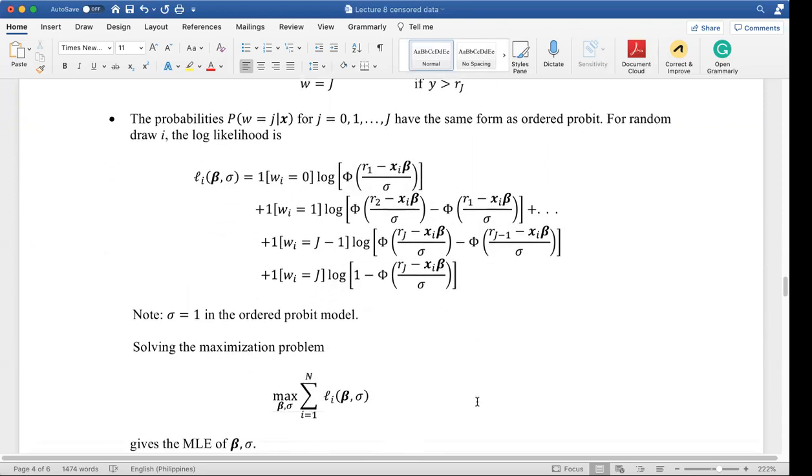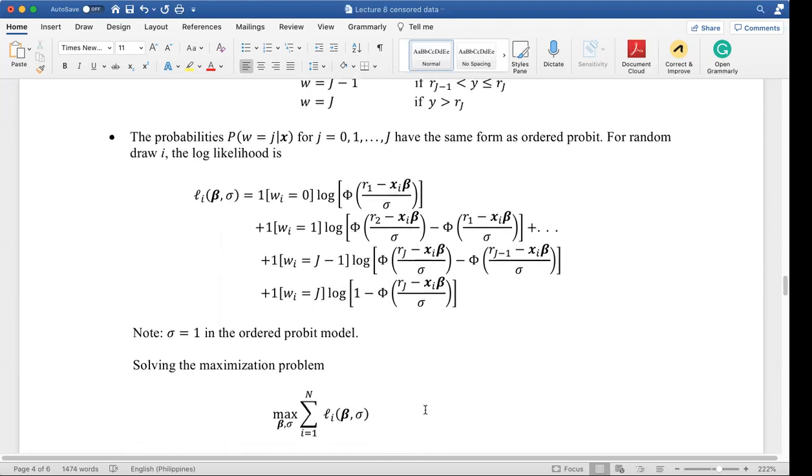Okay, then solving the maximization problem, you maximize the sum of the likelihoods, sum over all observations i going from 1 to n. So note that you are maximizing with respect to beta and sigma. You want to find the maximum likelihood estimators of beta and sigma.